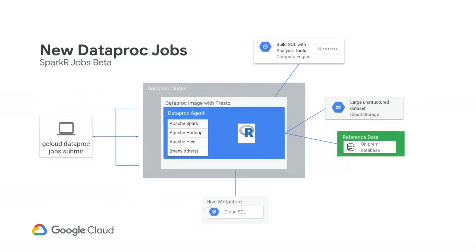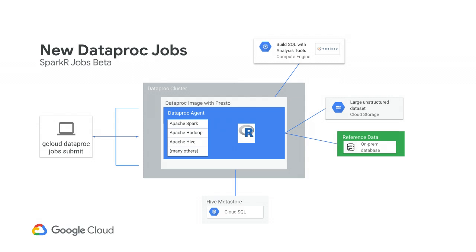The Dataproc Jobs API, we have a new Spark R job type available for that. Now, the Dataproc Jobs API is what makes it possible to submit a job to an existing Cloud Dataproc cluster with a jobs.submit call over HTTP, or if you're on a command line interface, you can use gcloud, or even in the Google Cloud Platform console itself.